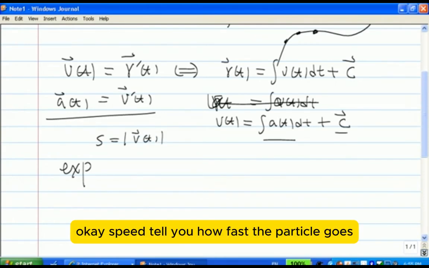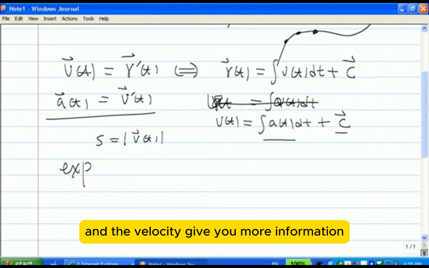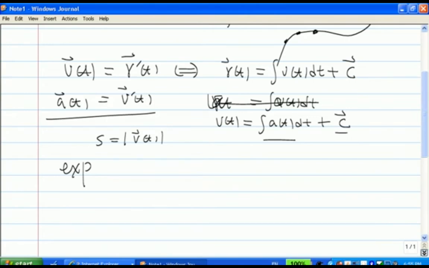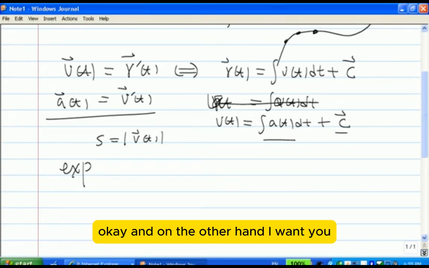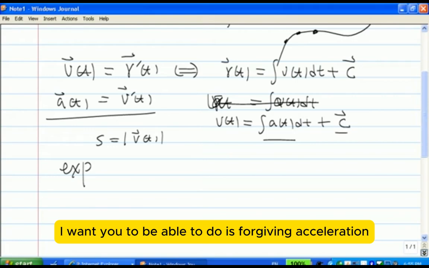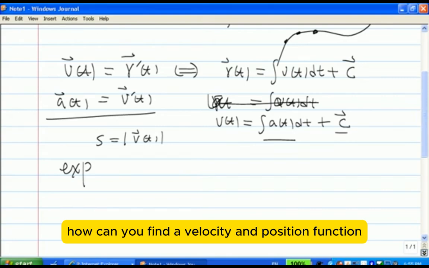Speed tells you how fast the particle goes, and the velocity gives you more information, telling you how fast it goes and which direction it goes. On the other hand, I want you to be able to do this: for a given acceleration, how can you find the velocity and position function?